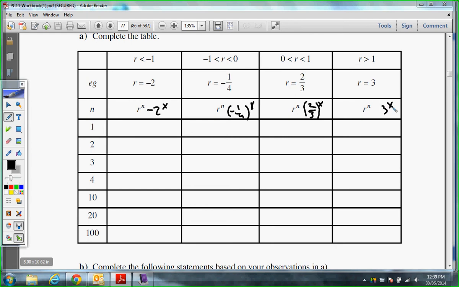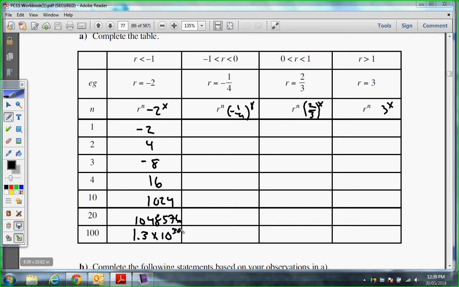and see the relationship. So we know that this is going to be -2, 4, -8, 16, 1024, 104, 8576, and 1.3 times 10 to the 30th.